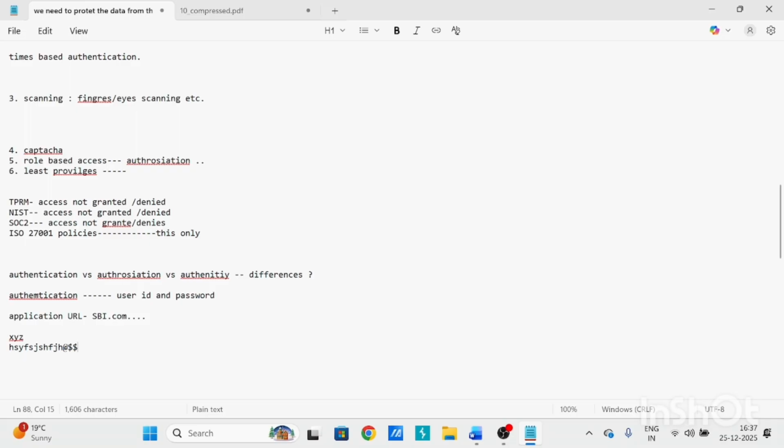So the credentials involved, user ID and password, are part of authentication here. Always remember, credential parts.